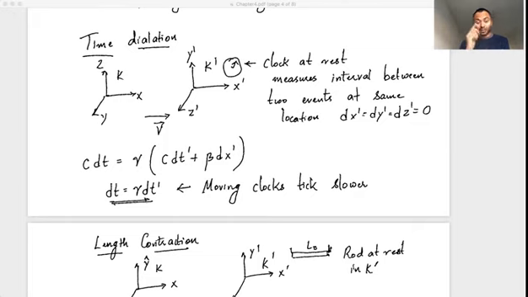So what does it mean? This basically means moving clocks tick slower. So even though your friend measures an interval dt prime, to you, that interval is gamma times dt prime, right? So it's actually longer. You're going to measure a longer interval. So if your friend measures 1 and gamma is 10, let's say, then you're measuring 10, right? So to you, it looks as though the clock is ticking very slow.